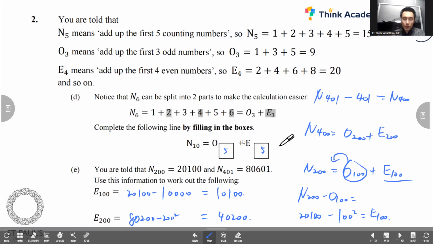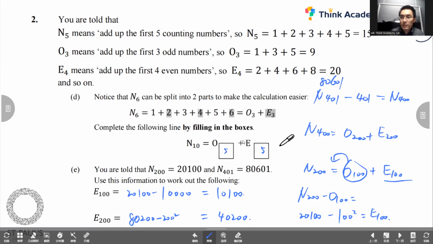That is the first one. For the second one, for E200, we obtain it by splitting N400. N400 equals O200 plus E200. Then E200 equals N400 minus O200. We know N401. We do not know N400, but we can get N400, because N401 minus 401 gives us N400. We know N401 is 80601.